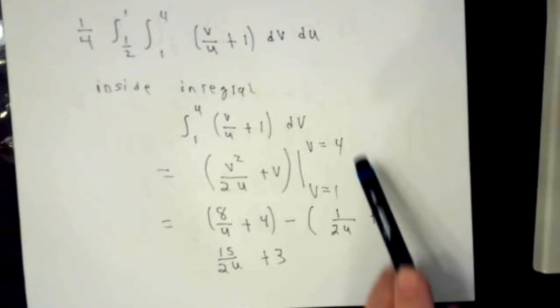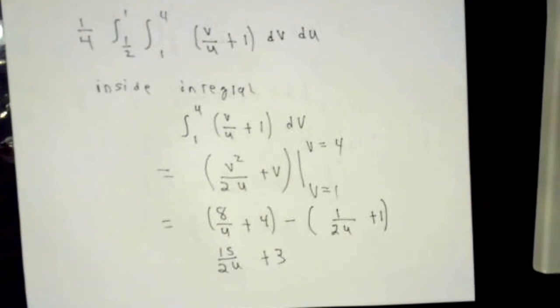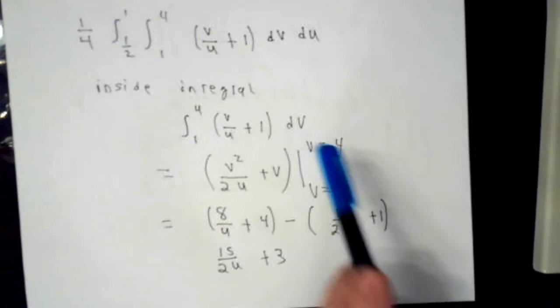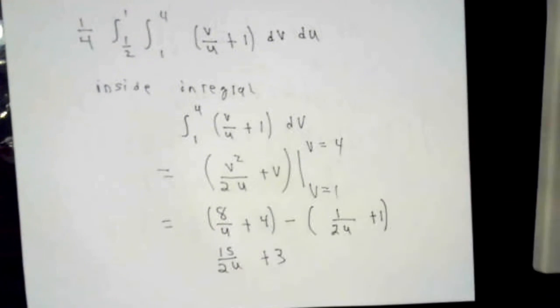Put v equal 1 and v equal 4 in and subtract them. And at the end, you end up with 15 divided by 2 times u plus 3. This is the integral with respect to v. We don't want to see any v in it, but it's okay that the u still shows up.